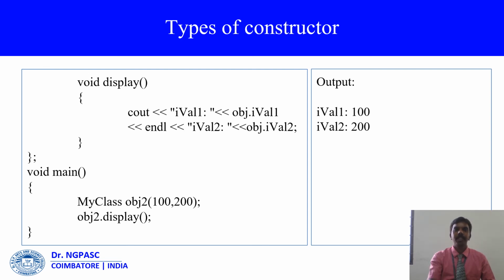In our code we have defined a constructor with arguments x and y, and now here 100 will be assigned to x and 200 will be assigned to y, and x gets assigned to ival1 and y gets assigned to ival2. We have a statement obj2.display which calls the member function display, and that function displays the values of ival1 and ival2. The right hand side box shows what the output will be when this code gets executed.